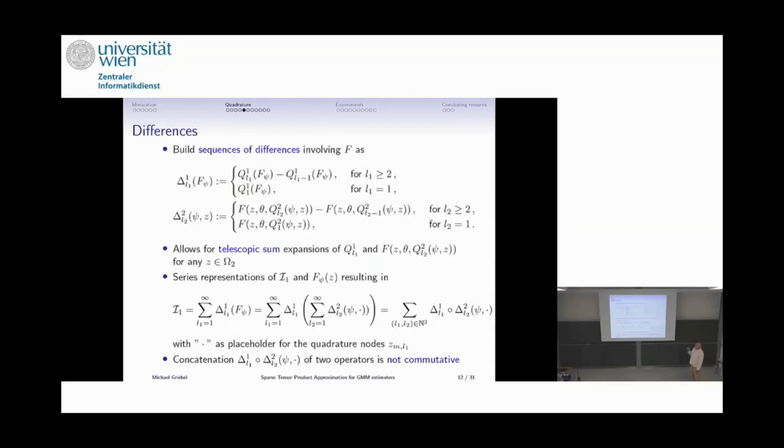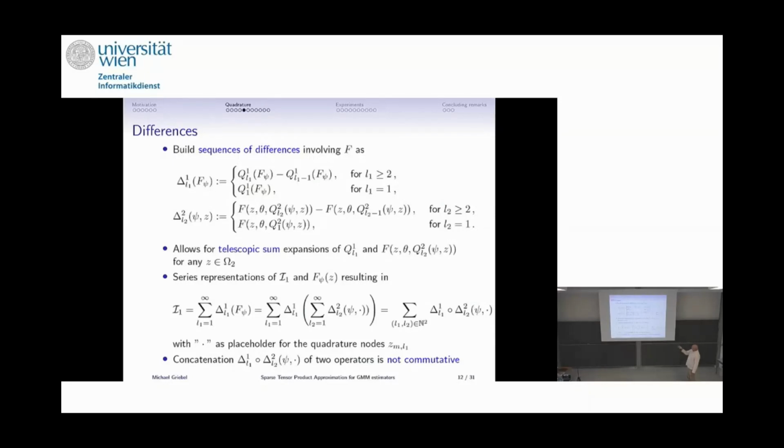We form a sequence of differences. Previously, we had a sequence of quadratures. Now we form the sequence of differences in the following way. On omega 1, just this difference of quadratures of the outer function. And in omega 2, it's this difference.